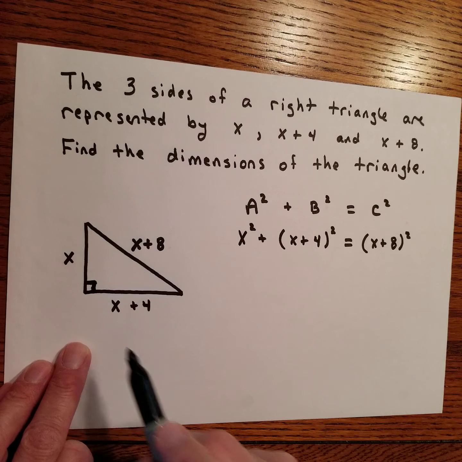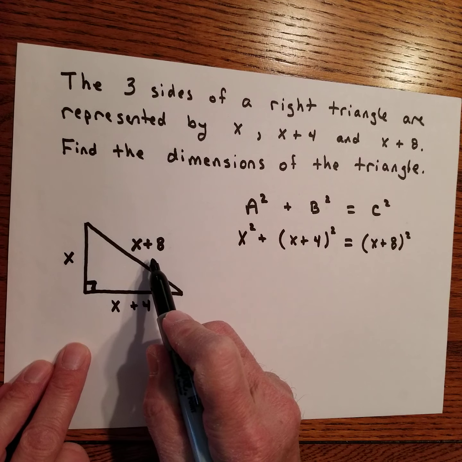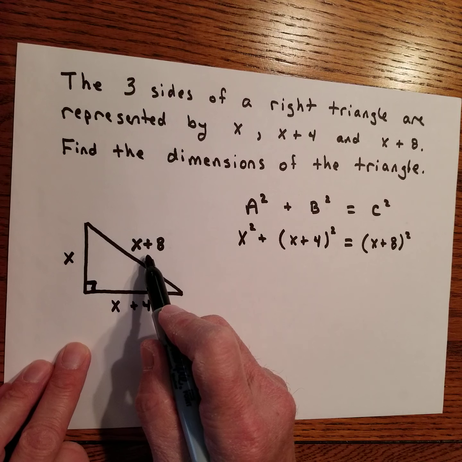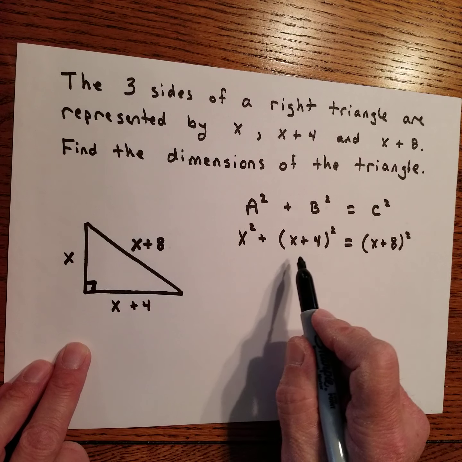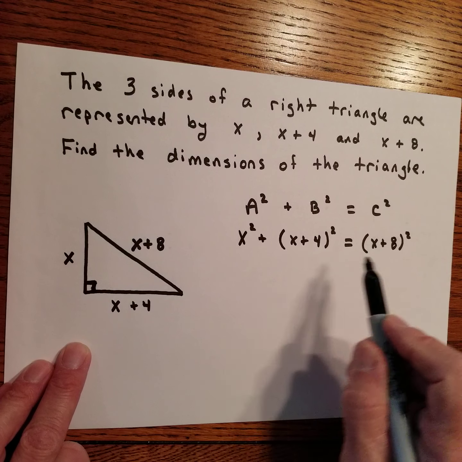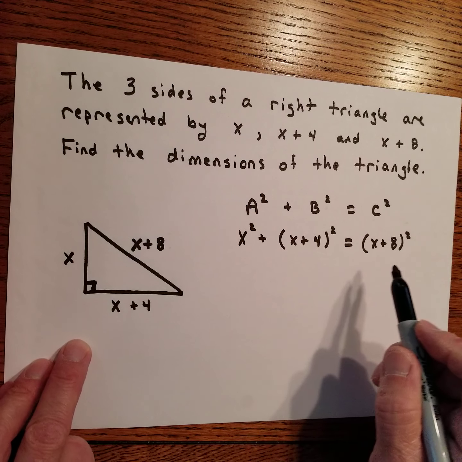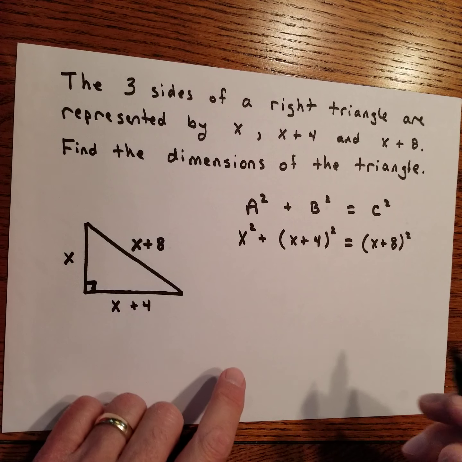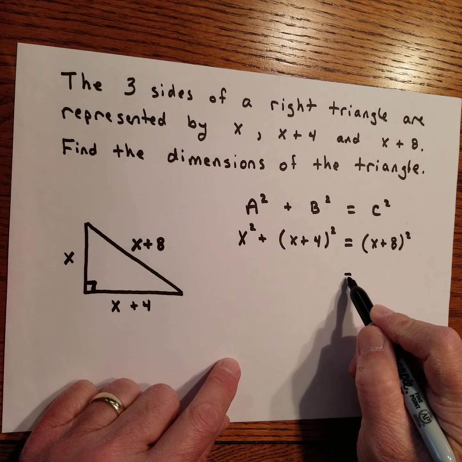So my three sides, A, B, and C, x, x plus 4, and x plus 8, giving me a squared plus b squared equals c squared. Now let's see if we can solve.